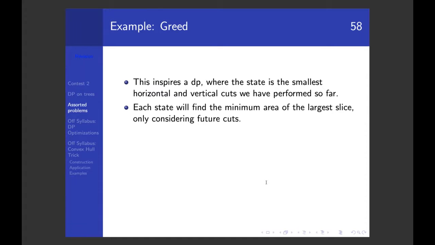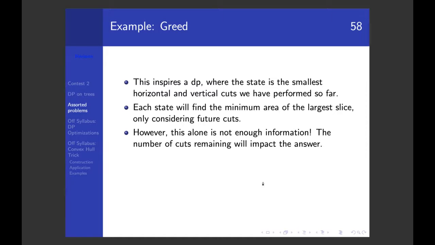And each state will find the minimum area of the largest slice, only considering future cuts, which is essentially what our DP would find. However, this state is not enough information. Why? Because the number of cuts remaining impacts the answer. We don't just care about this and this. We also care about, do we have no cuts left? Do we have one cut left? Do we have two cuts left?